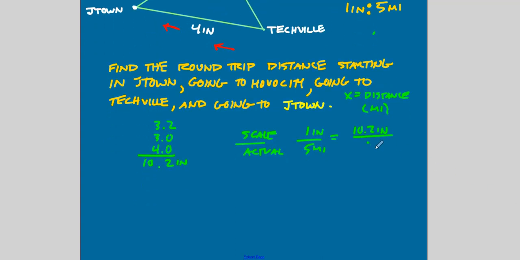Now, when you solve proportion problems, you don't have to worry about the units as long as they match top and bottom, like in this case inches on top and miles on the bottom. But I'm going to do this problem here to show you why in fact you can do that, but you don't have to include the inches. So I'm going to cross multiply here: 1 inch times x equals 5 miles times 10.2 inches.